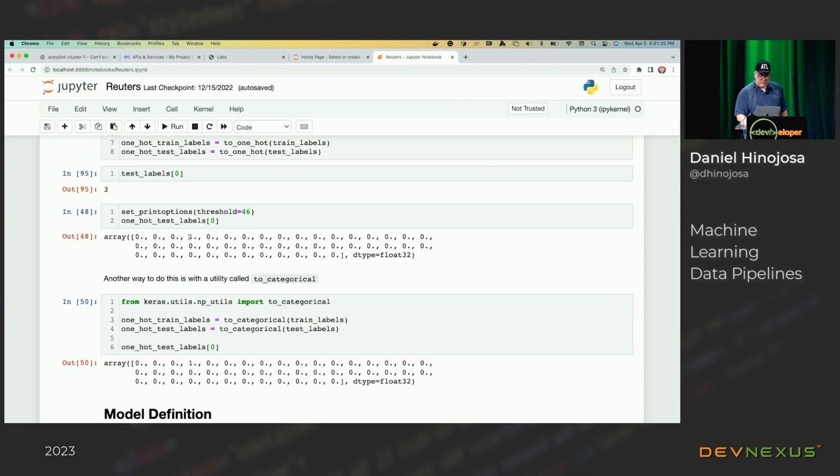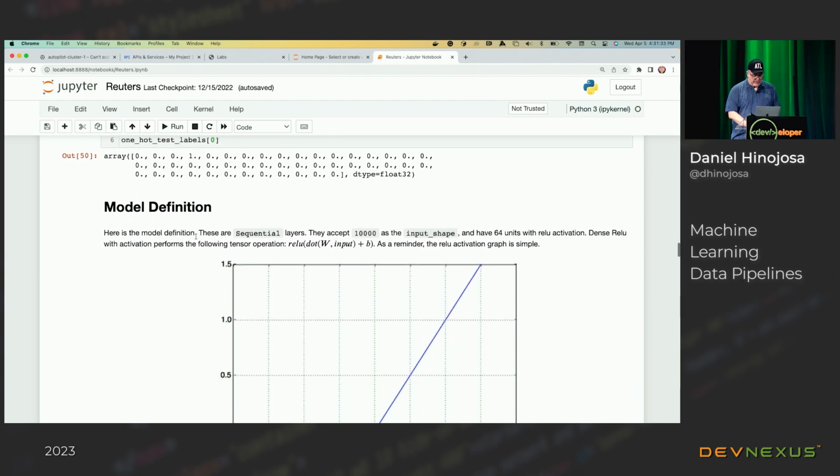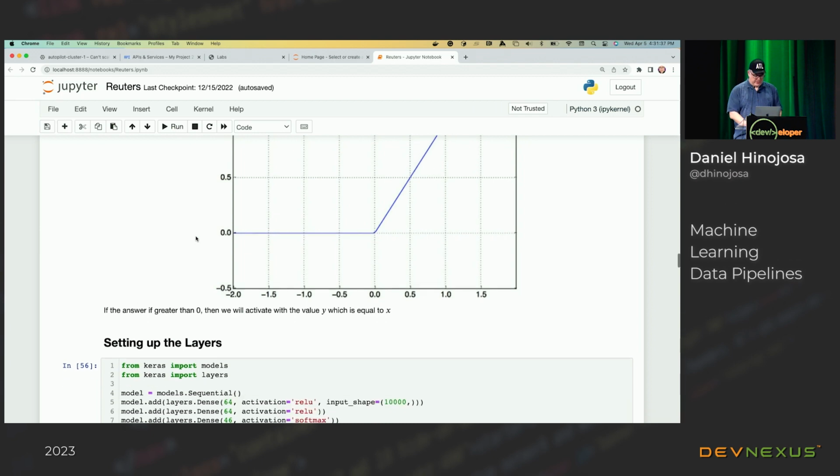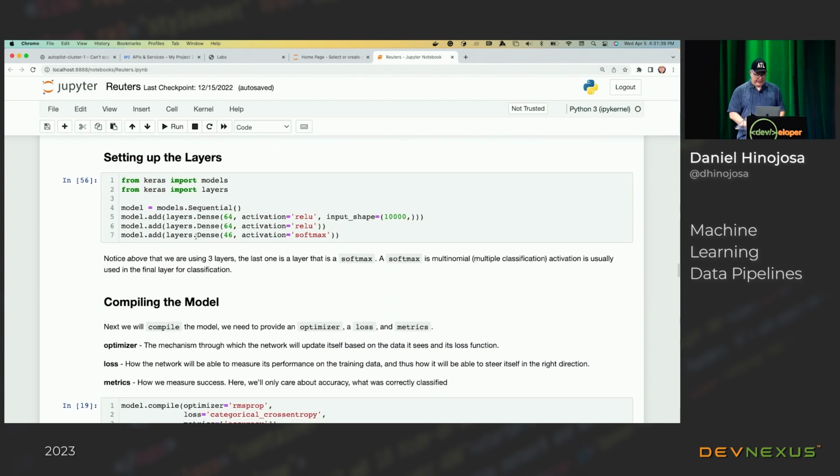And for the answer for the thing that we're training, we know 100% that the answer on this one is going to be on the 3rd spot: 0, 1, 2, 3. So that's part of the setup, converting things to numbers, converting things into floating points, and then setting up the layers. And here it is.